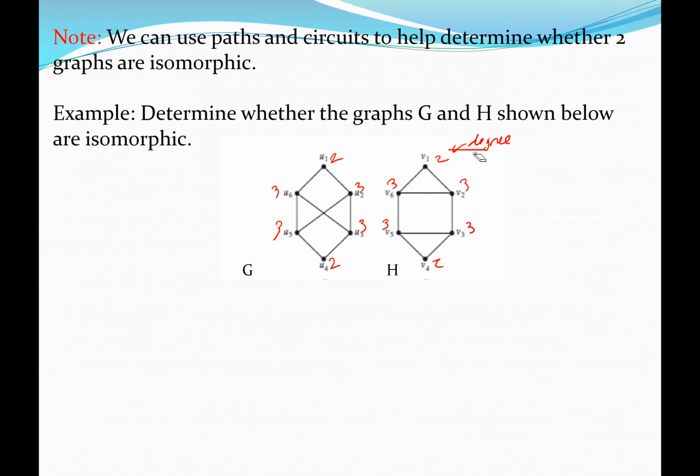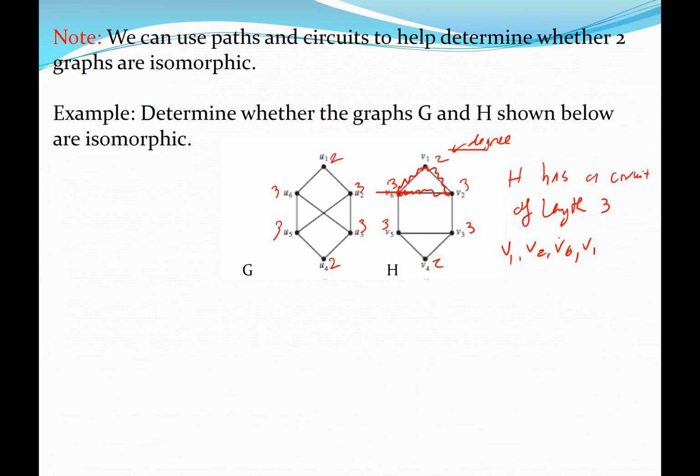But you can see here that H has a circuit of length 3. You can see here V1, V2, V6, V1. That's a circuit of length 3.